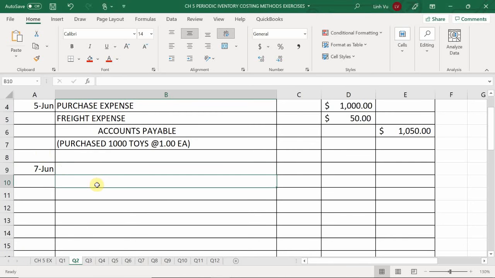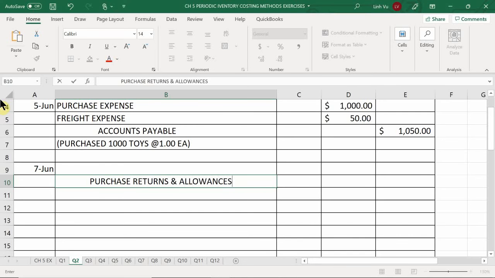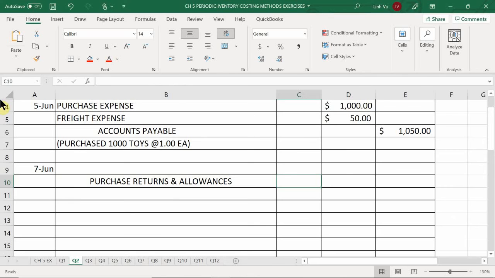Would you credit? You would credit the account. So in this case, I would have my purchase returns and allowances. All right. What would be my debit?